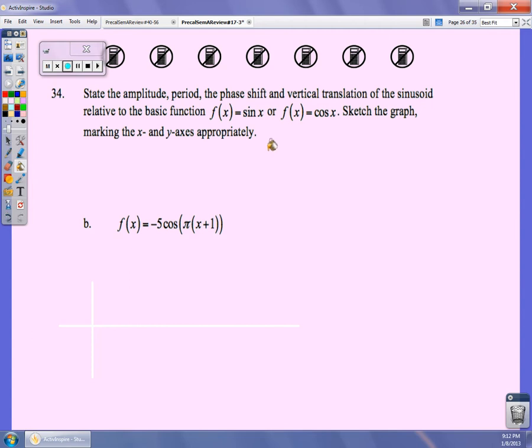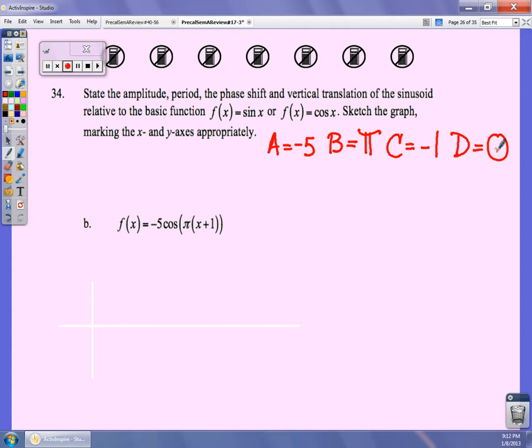From this equation, we get that A is equal to -5, B is equal to pi, C is equal to -1, and there is no D value, or D is equal to 0.